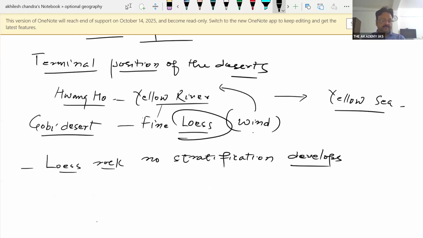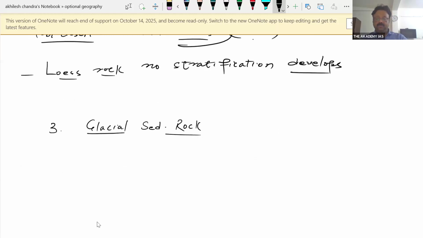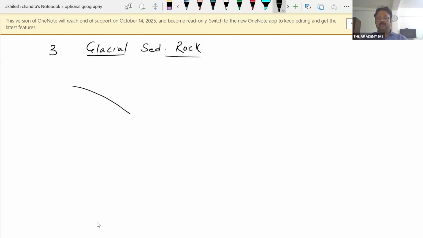And the third type is glacial sedimentary rock. So let's say, suppose that this is one U-shaped valley through which the glacier is moving.